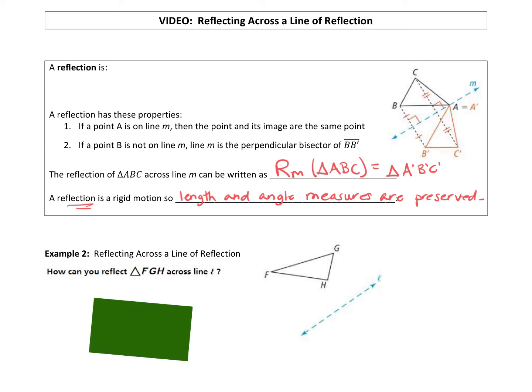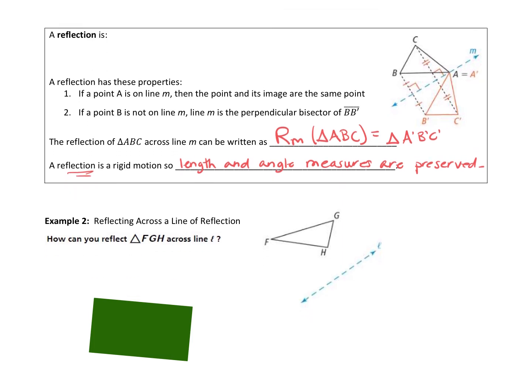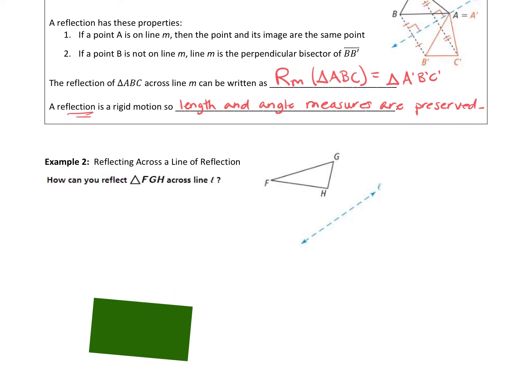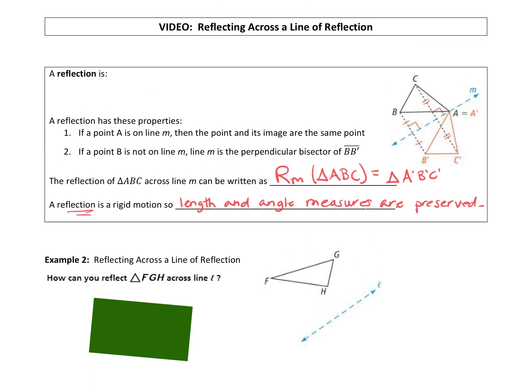Okay, so we're going to work on reflecting something ourselves. In example 2, reflect across a line of reflection. So how can we reflect triangle FGH across line L? If we reference our reflected images up here, we can see from each vertex of our figure that is not on our line of reflection, we've got this dashed line, and this dashed line is perpendicular to our reflected line.